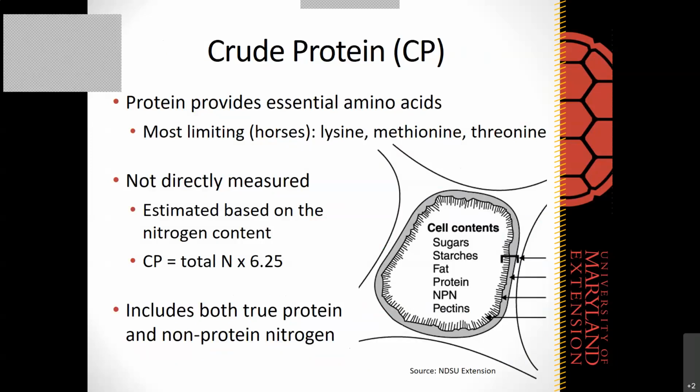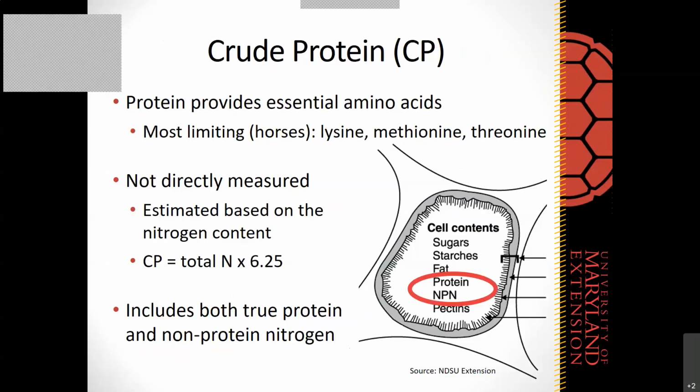But crude protein as a whole is actually not directly measured. There's no lab analysis that directly measures the crude protein of the forage. It's actually estimated based on the nitrogen content, because all protein, all amino acids contain nitrogen. So they use that nitrogen to estimate the total amount of crude protein.